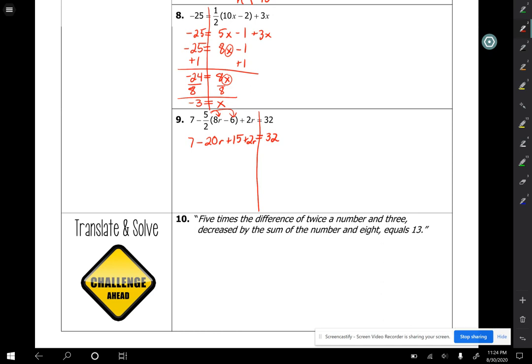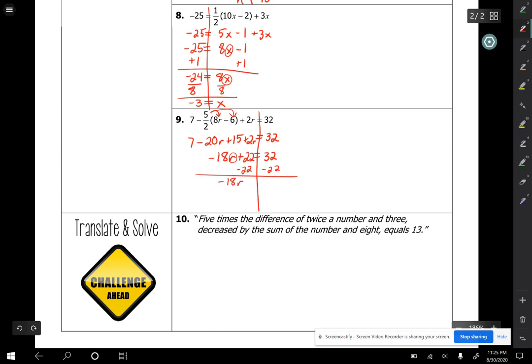Now combine like terms. Negative 20r plus 2r is negative 18r. 7 plus 15 is positive 22 equals 32. Now I can solve for r. Subtract 22 from both sides.